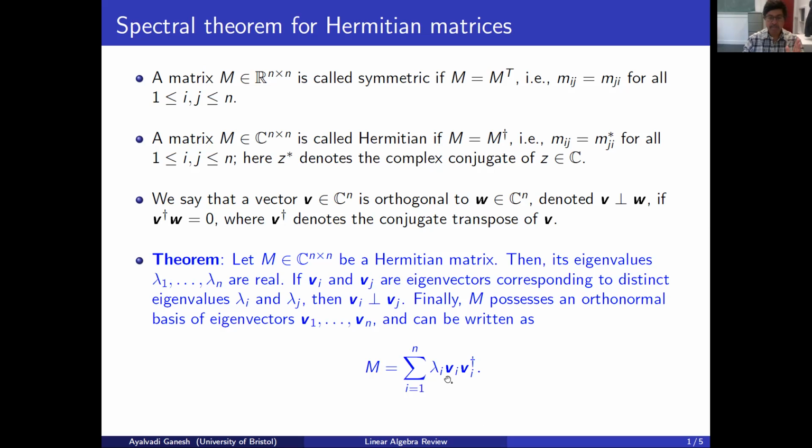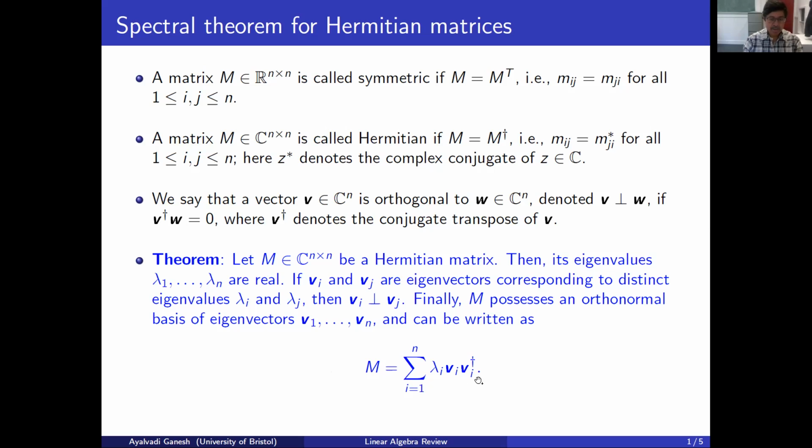So Vi times Vi dagger is a column vector times a row vector, which gives an n by n matrix. Then we multiply that by the corresponding eigenvalue and add these up. The resulting matrix is M.